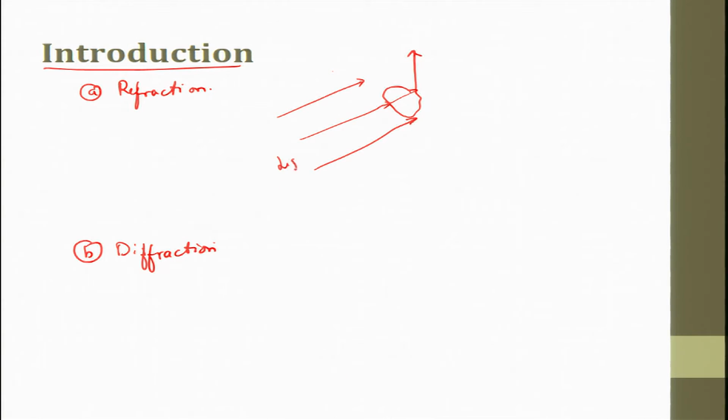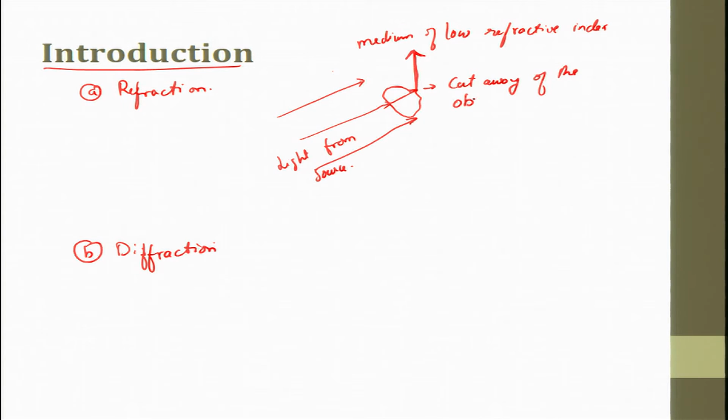So, this is light from source we will put. This is a medium of low refractive index. So, you can see the light bends. This is called the cutaway of the object and then it bends.